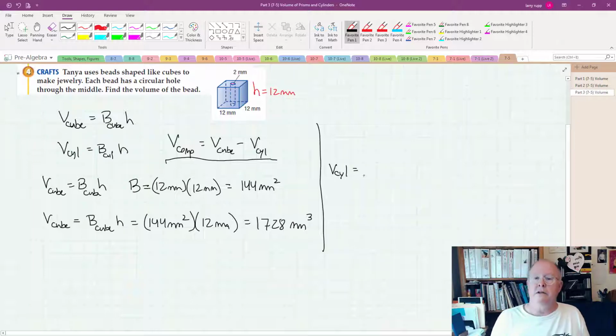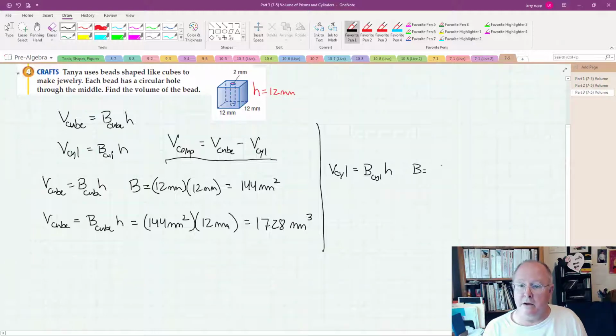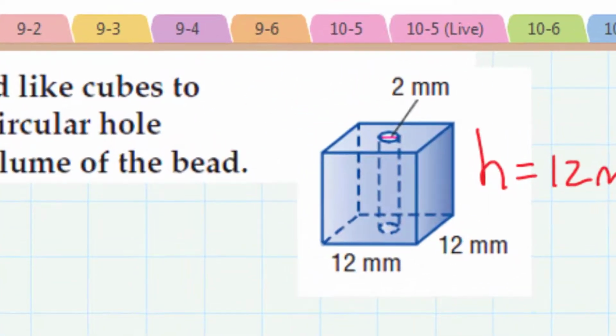Now we learned that the volume of the cylinder is equal to, again, the base of the cylinder times the height. So now what is the base equal to? Well, base is equal to pi r squared. So we have pi. Now what's the r? Well, if you look real close up there, you have a 2 millimeter hole. 2 millimeter goes from one side to the other.